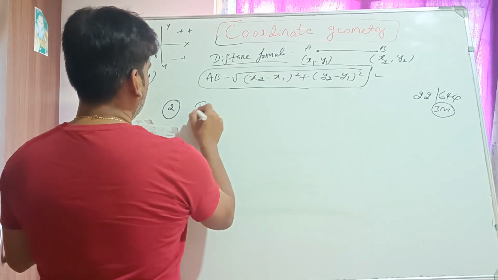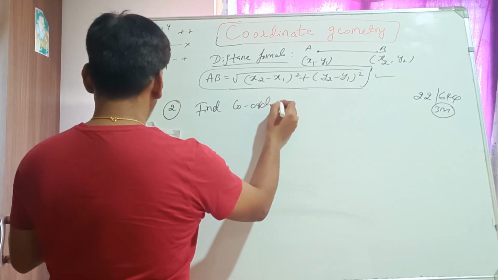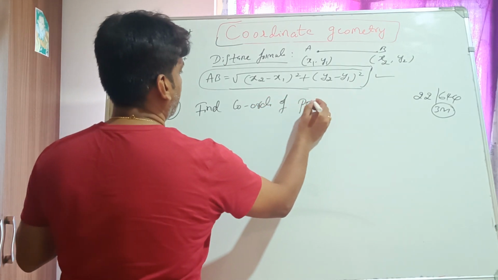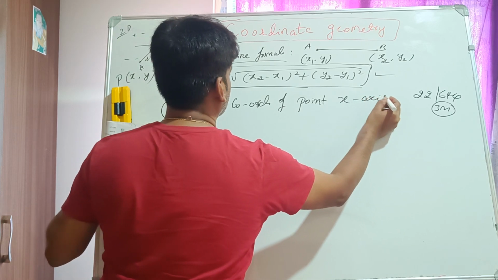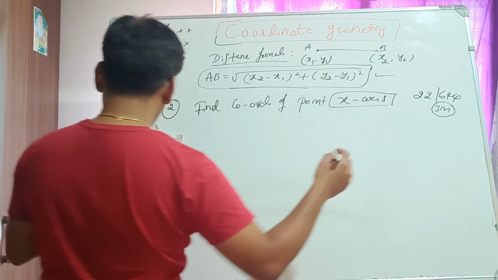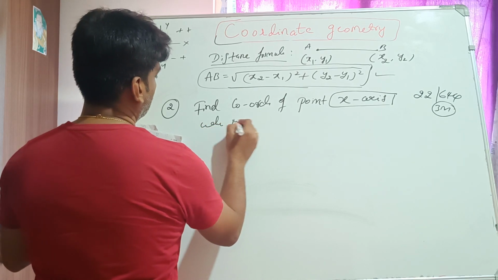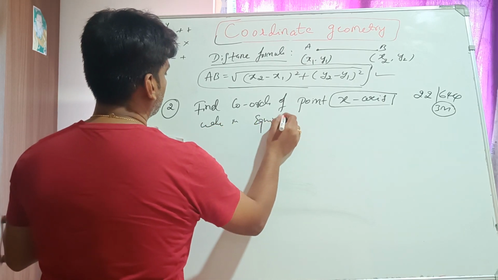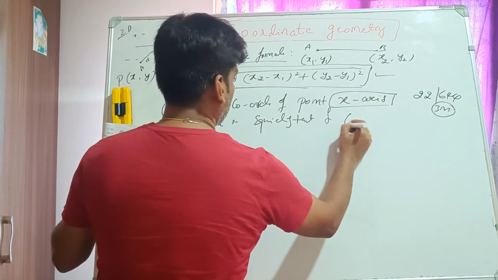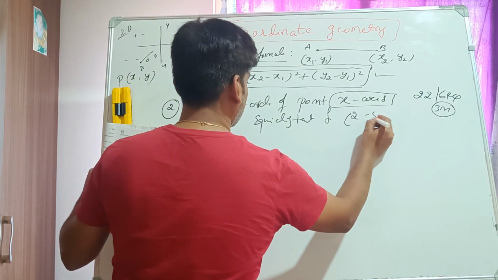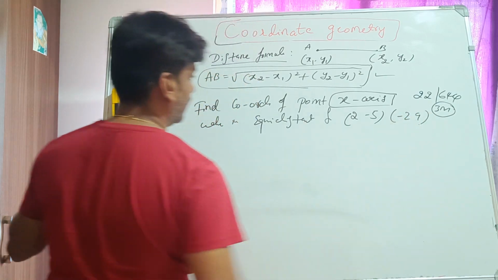Find the coordinates of the point on the x-axis which is equidistant from the two given points, 2, -5 as well as -2, 9. This is given, right?